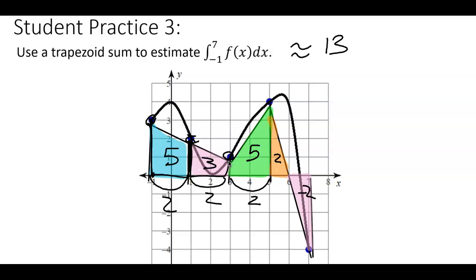Now let's talk about the triangles on the end. When you're looking at a table, you're not going to see that as triangles, obviously, right? But the good news is it doesn't matter. It still works. Let's just say we're going about this blindly. How far apart are my two x values? They're still 2. That would be my height. And what would my bases be? They would be the two y values.